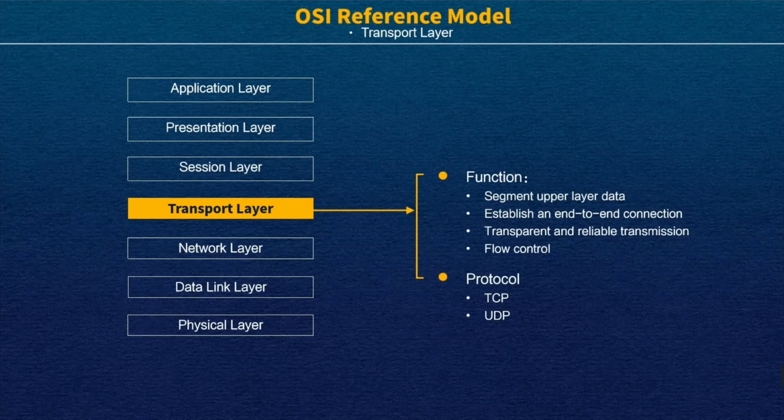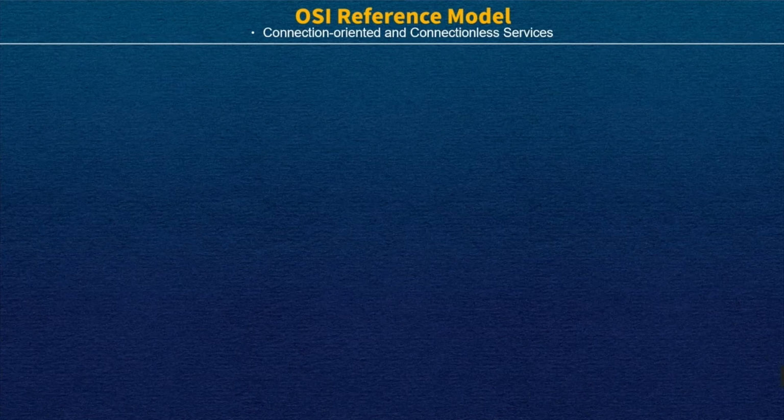We say the transport layer can provide reliable transmission, but it depends on which protocol you use. If you use TCP, you can use a reliable function, but UDP cannot.